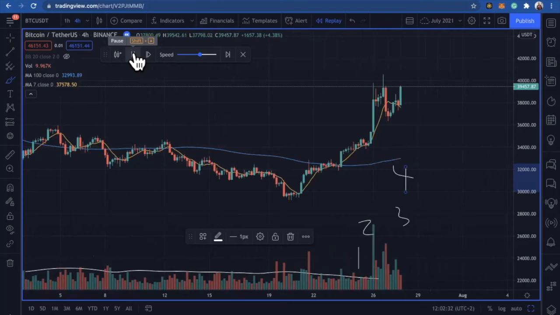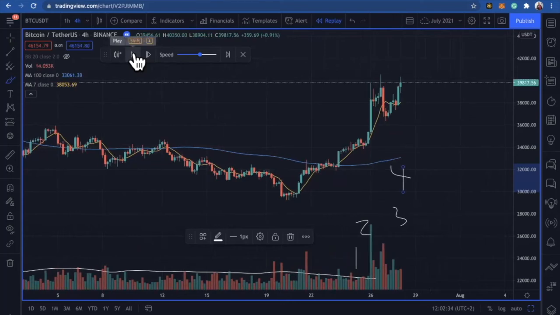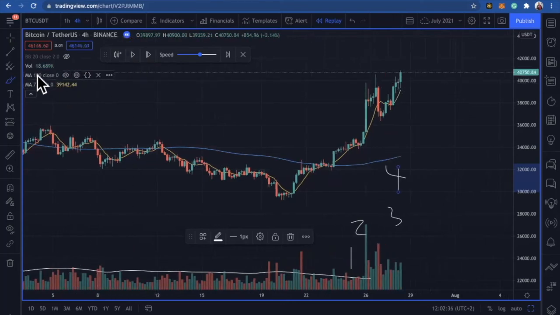Now, some would ask, why didn't you use the 50 or the 200-day moving average? Guys, test out one and see how it works out for you. Your subconscious mind will actually pick up things that you don't realize at this point as yet.